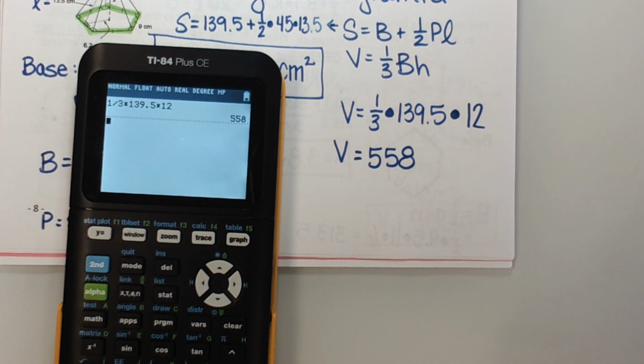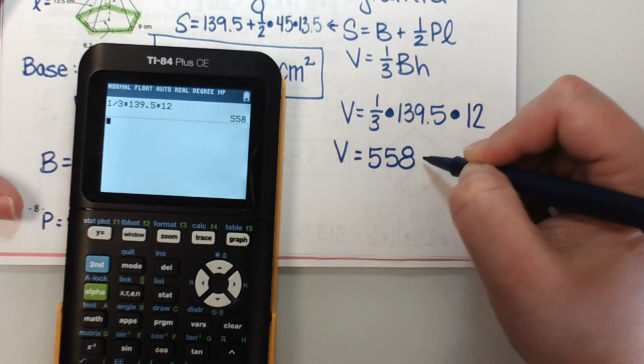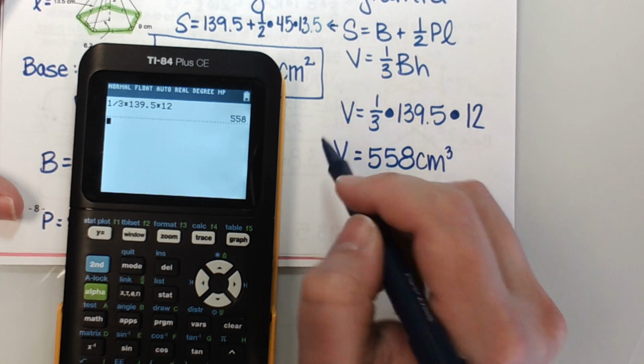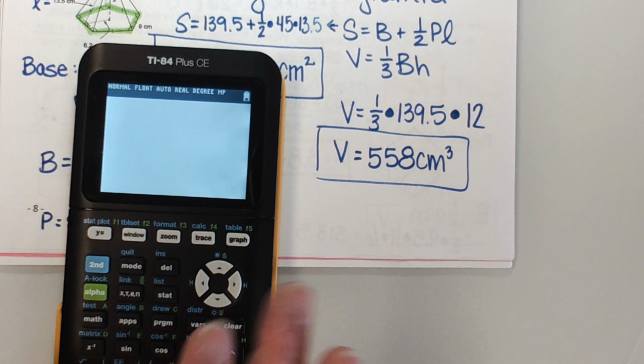Not all calculators have a fraction button. 558. Yep. Oh, centimeters cubed. Beautiful. Flip the page.